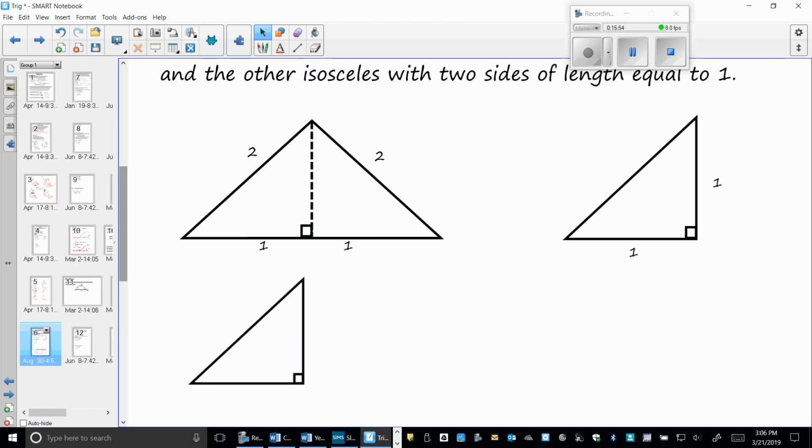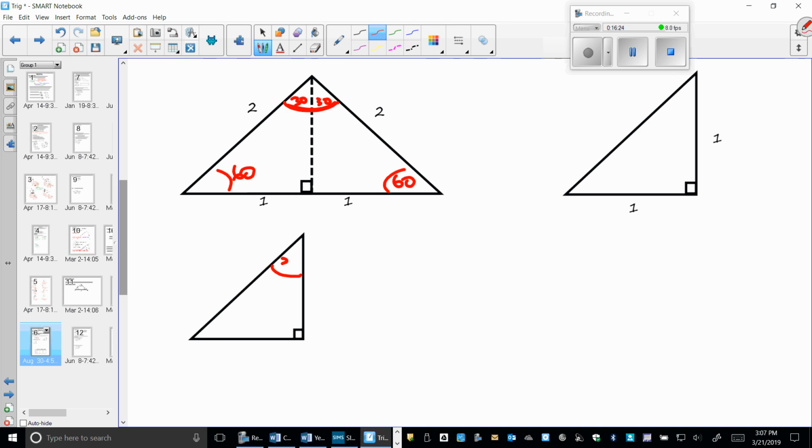Well, this left-hand one is an equilateral triangle of side length 2. With that equilateral triangle, I've now cut it into 2 right-angled triangles. We know that equilateral triangles have angles of 60 degrees, which means that when I cut this one in half, they're 30. So I'm going to transfer that now to this triangle. I know that this is 30, this is 60, this is 1 because I cut it in half, and that's 2.